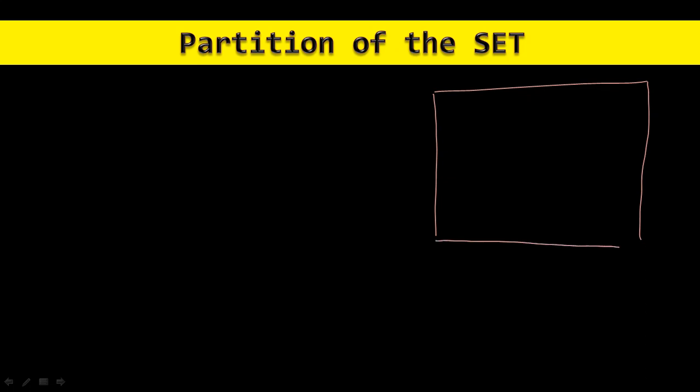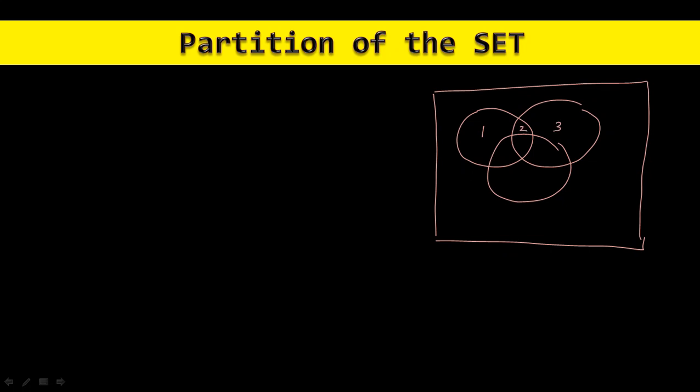If I am talking about these partitions, what is the mathematical formulation for that? If I am talking about the first set, then the second set and third set. Suppose these are partition numbers 1, 2, 3, 4, 5, 6, 7 and 8.